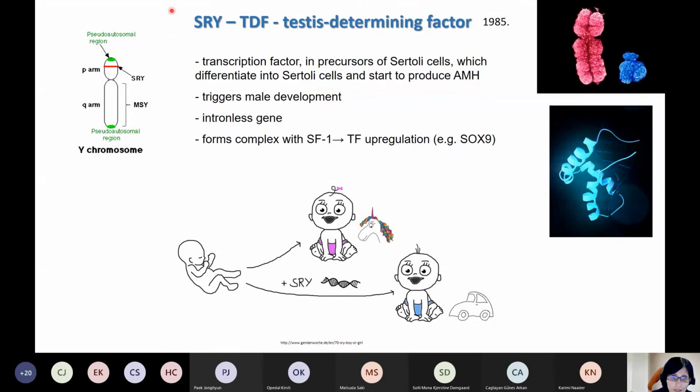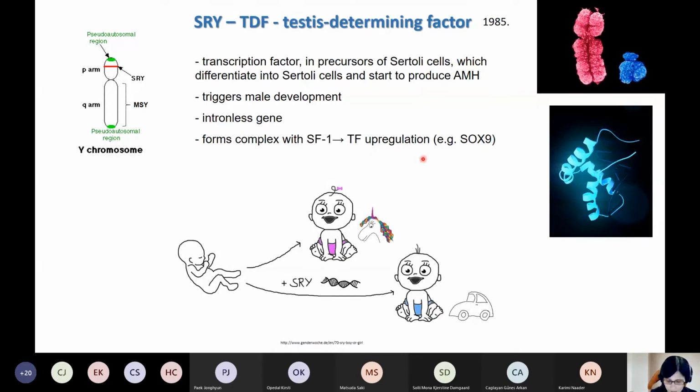If we have the SRY, the male development will start. This is a transcription factor forming a complex with another one, called the SF1, or steroidogenic factor 1, and this complex will cause upregulation of transcription factors related to the testis development, for example SOX9.